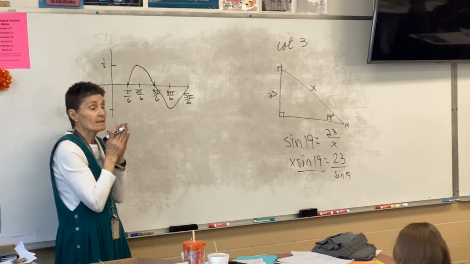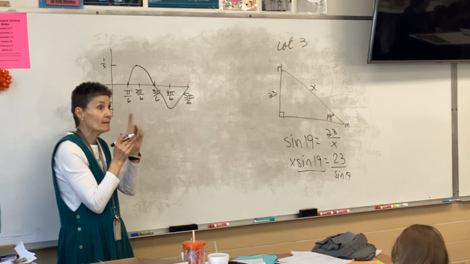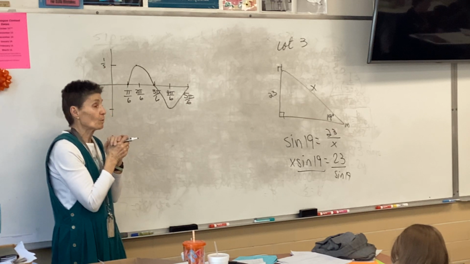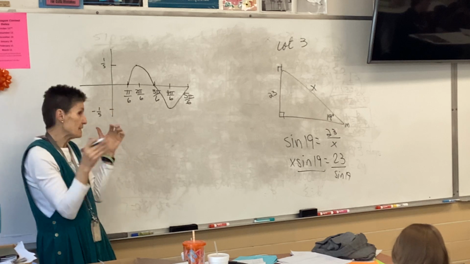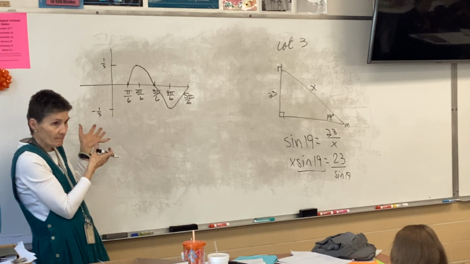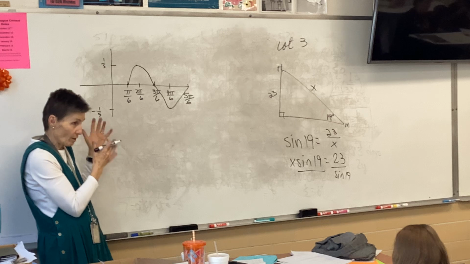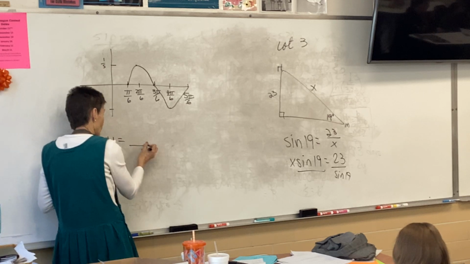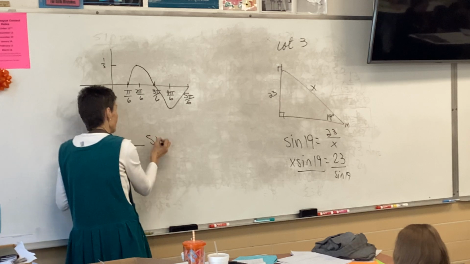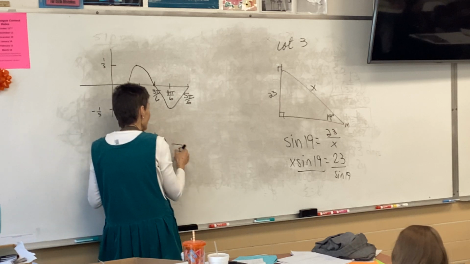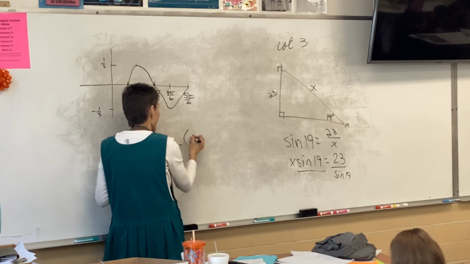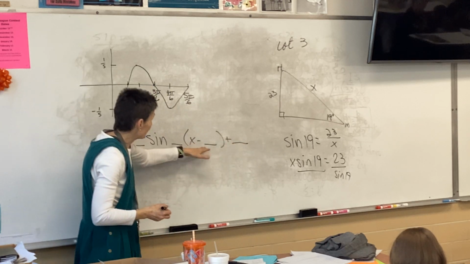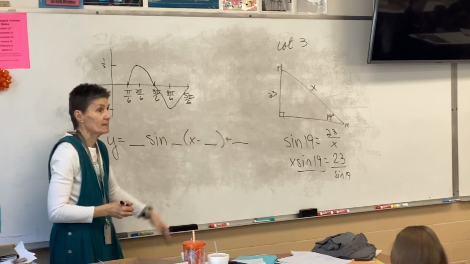We are going to write a sine equation and a cosine equation for this curve. All right, so we're going to start with the easy one. Doesn't it look like sine? When you write your equation, you could have a number in the front, a number on X, and a number added or subtracted here and here.